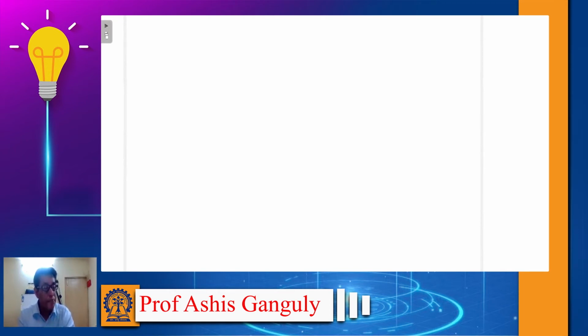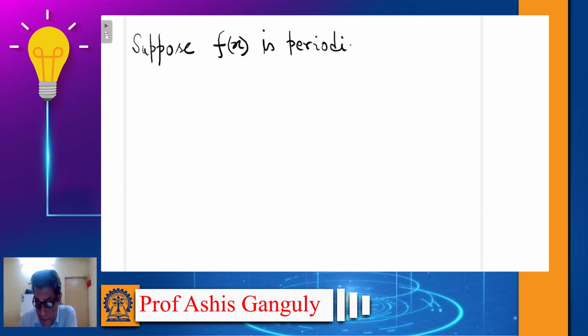So we can start in this way: suppose f(x) is a periodic function, let's say, of period 2 pi defined on the real line.